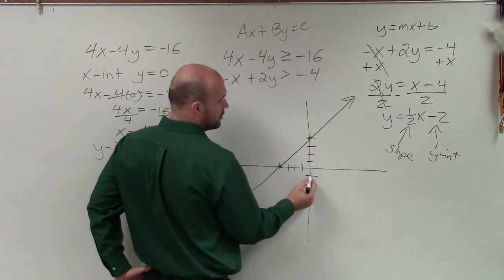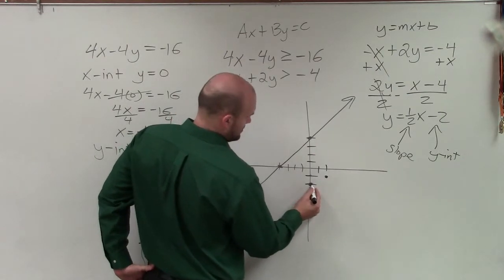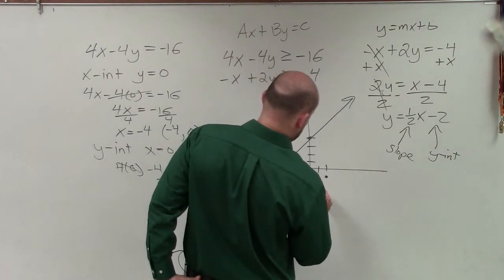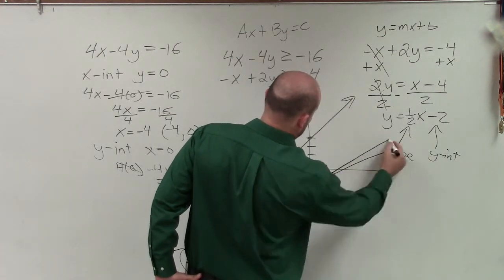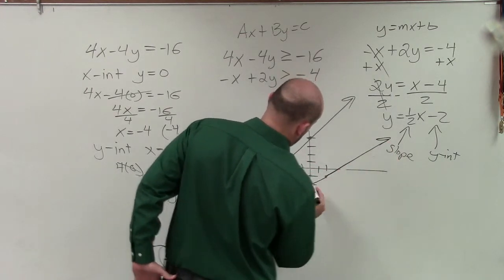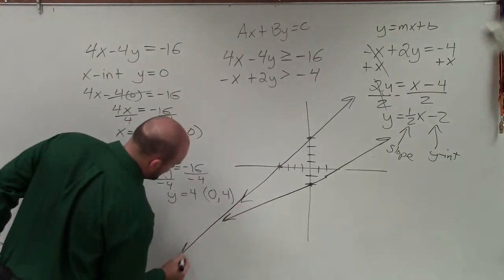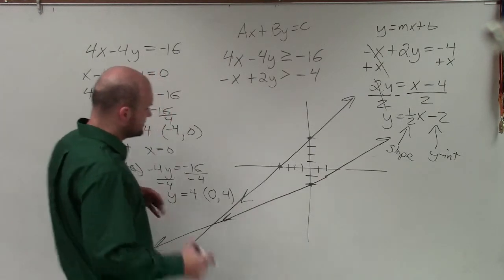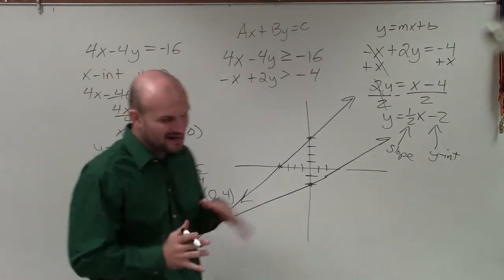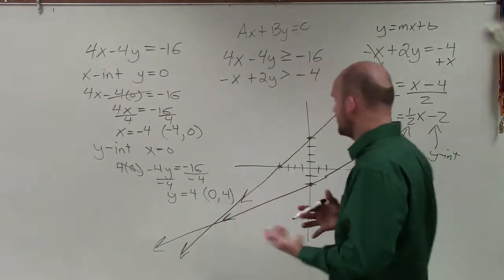Since 1 is positive, I'll go up 1, and then since 2 is positive, I'll go over 2. It looks like these will eventually intersect, but it's going to be somewhere all the way over here. When graphing inequalities, we're not so concerned about the exact intersection point, but mainly about all the points that are going to be a part of the solution.